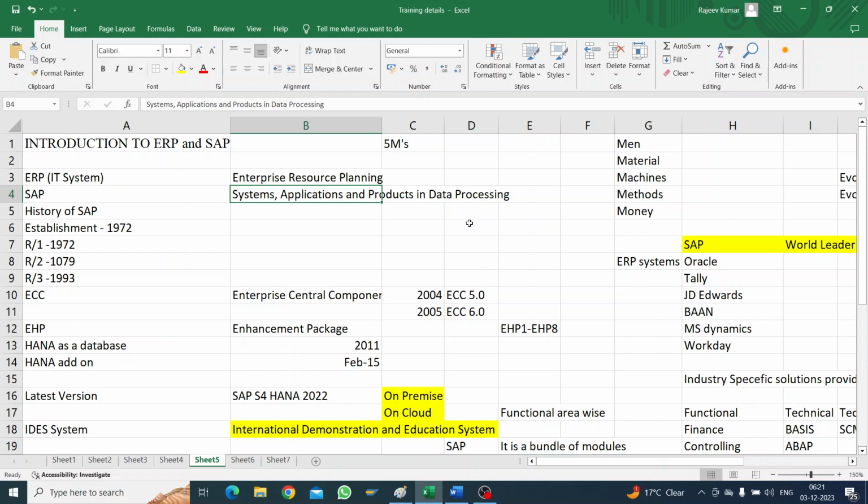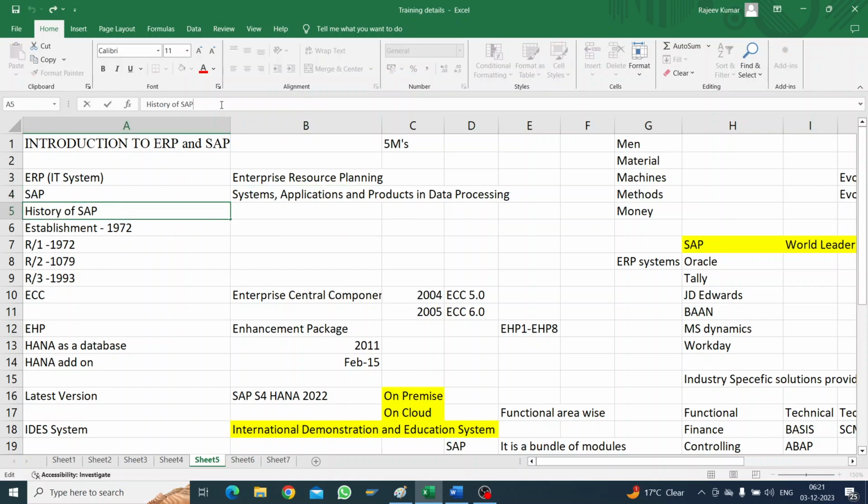Now let's start from the history of SAP. In the year 1972, five ex-IBM engineers set up this company SAP. It is also called SAP AG. Actually, the name is SAP AG. It is not just SAP. AG means corporation, and AG is a German word.